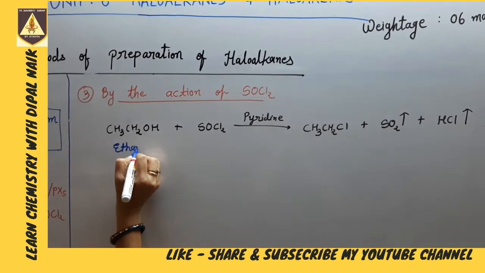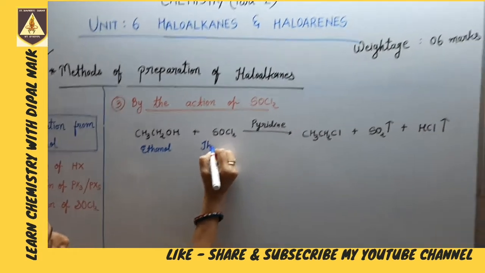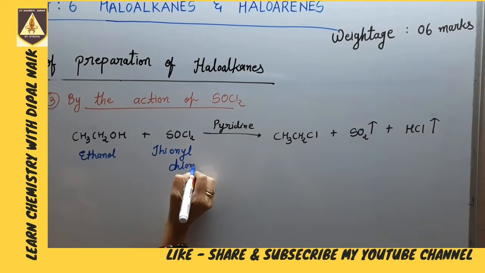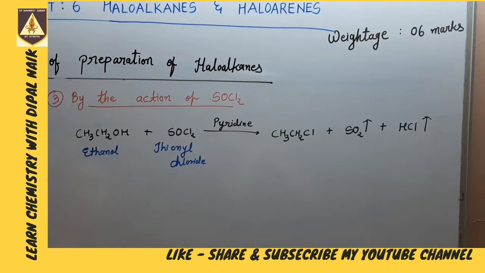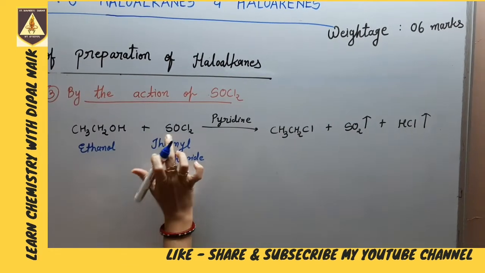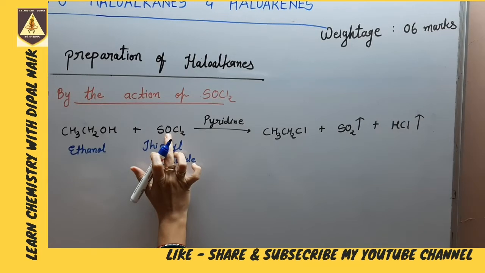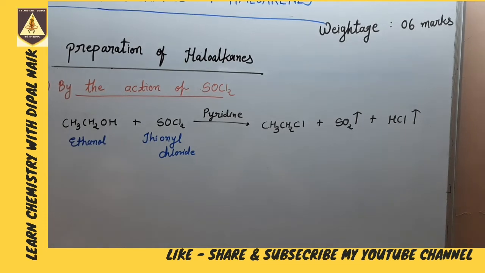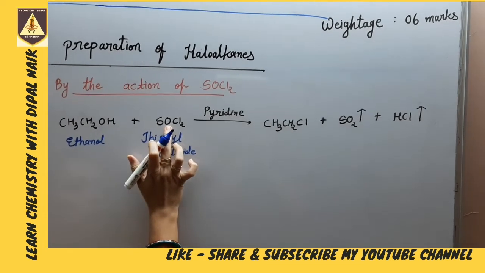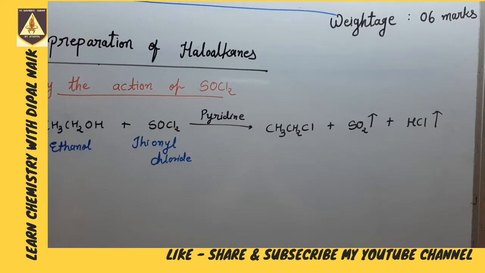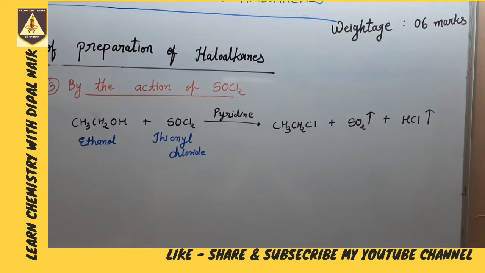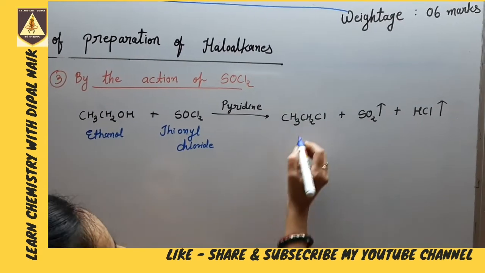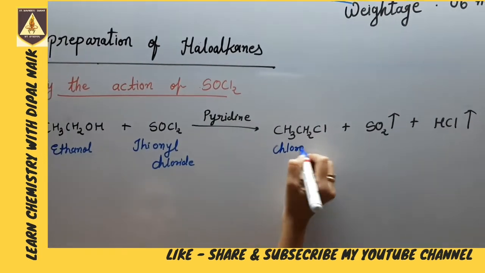This is ethanol. This is thionyl chloride. In the formula of thionyl chloride, SOCl2, O is also capital. It is not small. So be very careful. Pyridine means this reaction occurs in a basic medium, because pyridine gives a basic medium to the reaction, and this gives chloroethane.